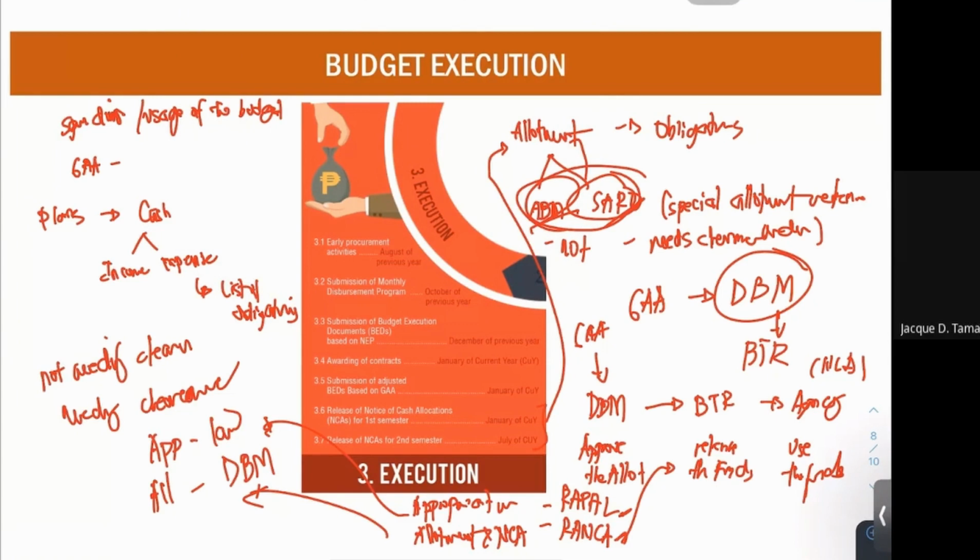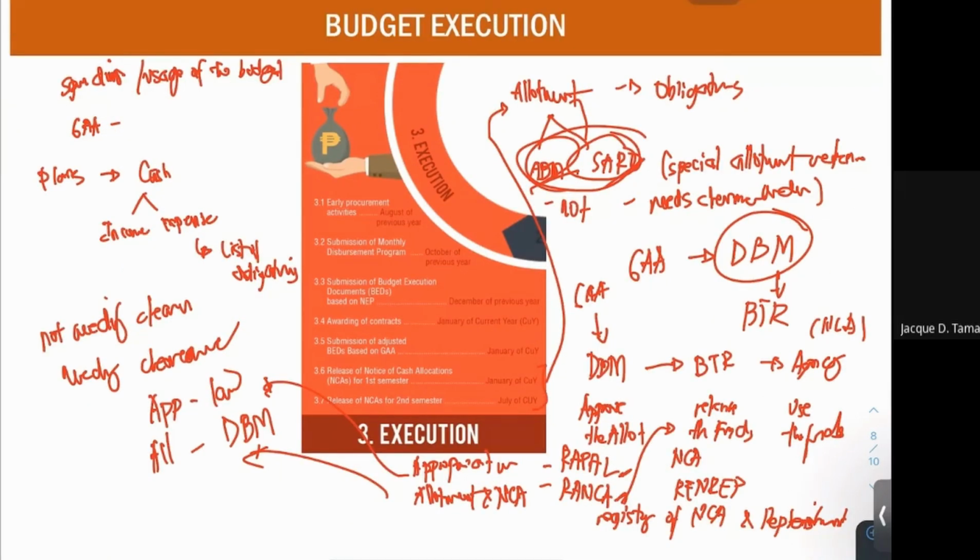The BTR will now record the notice of cash allocation, and it will enter it in the RENREP. What is RENREP? RENREP is the Registry of Notice of Cash Allocation and Replenishment.